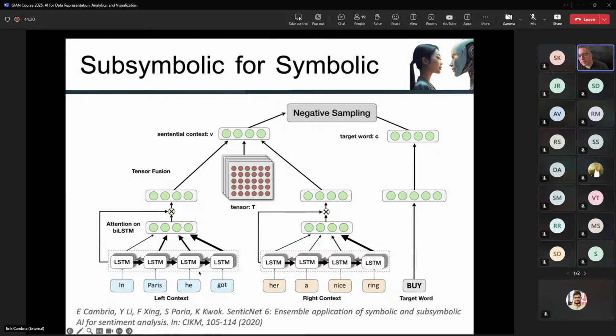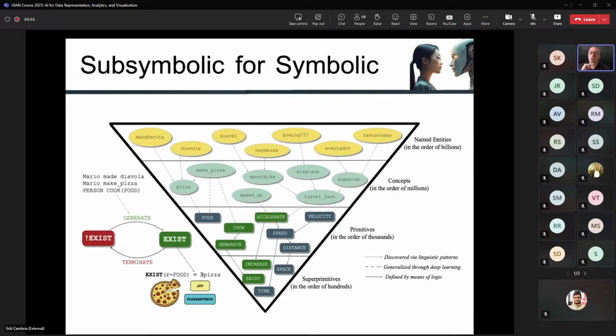We were using bidirectional LSTMs to learn in how many ways in English you can express a concept like buying something, including getting something for someone, purchasing someone something, and so on. And then we didn't use that directly for classification. We used all this information to build a knowledge representation, which we then used later on for classification.